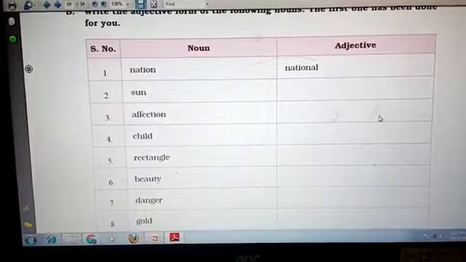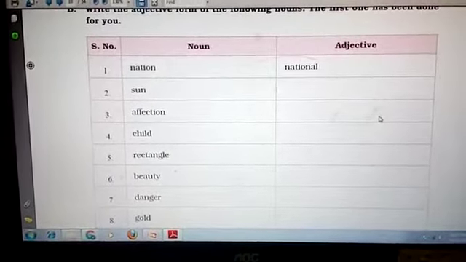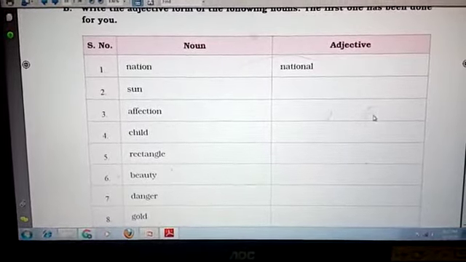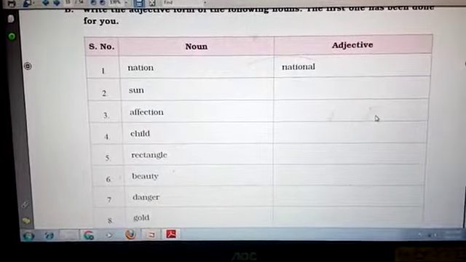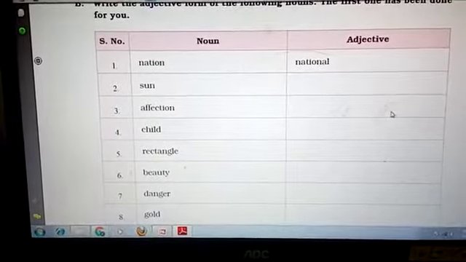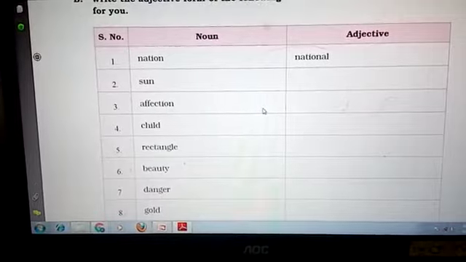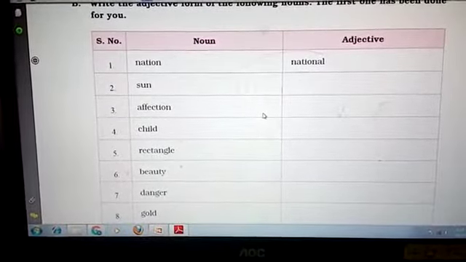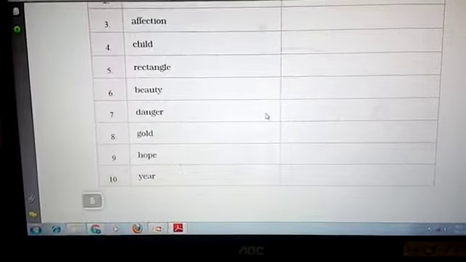Suffixes, you already know, are the letters which are added after the word to convert the form of the word. Here we have to convert a noun form into adjectives. Some words are given: nation, sun, affection, child, rectangle, beauty, danger, gold, hope, year.